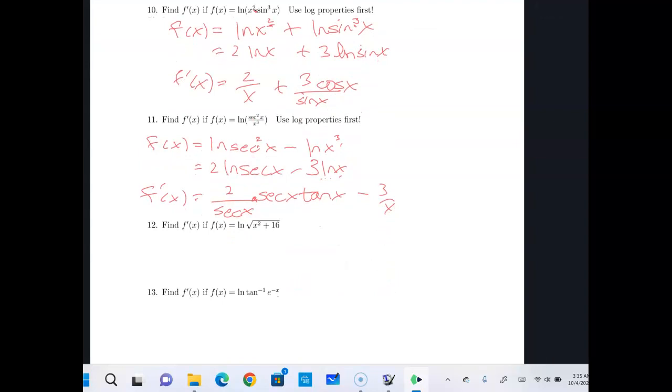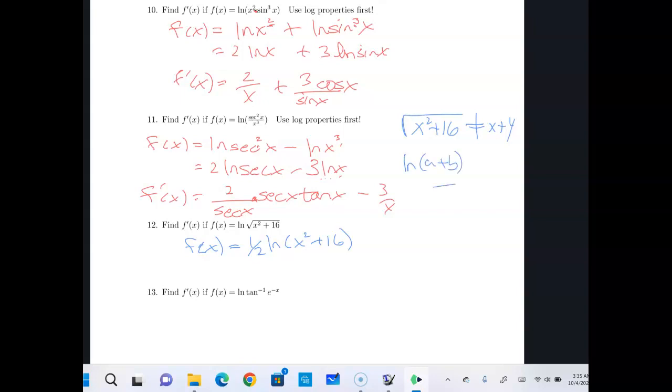Okay, this one here, I want to make sure you do not do bad math, because you know that this does not equal x plus 4, right? That's really bad math. So you say, oh, look at that, I do see that there's an exponent of 1/2 that I could pull down in front, right? And no, if you have ln of, I'll just say a plus b, you never say it's ln of a plus ln of b.